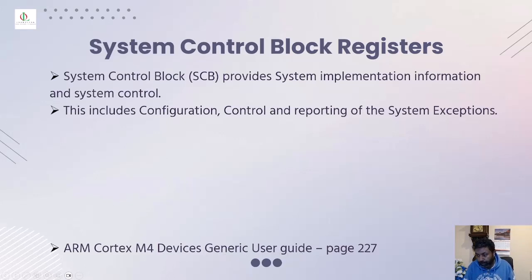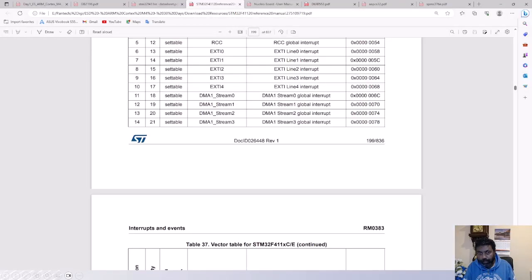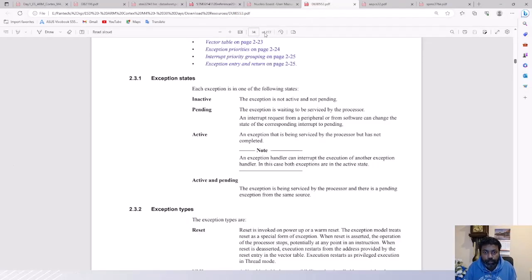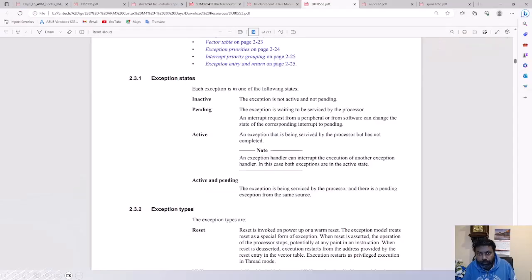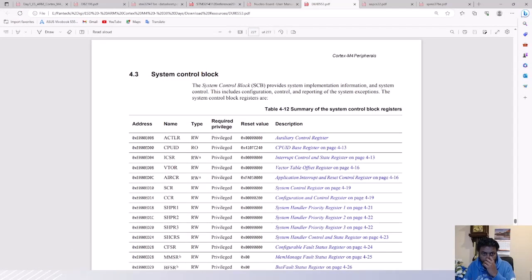Just one sec, I'll open that and show you the generic page. Let's see, sorry, what's the page number? 227 in generic. So this is the system control block where you get the different system control registers.